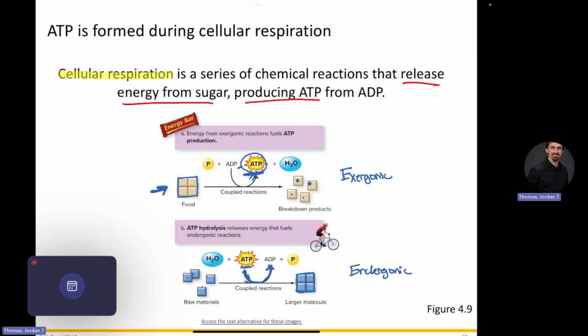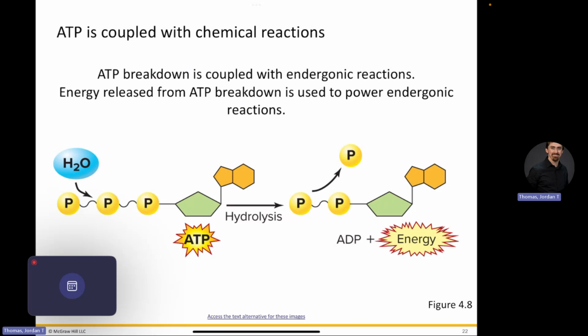So I'm trying to connect all these dots together for you. In the next slide, we're going to look at what's called ATP coupled reactions. We talked about how ATP is hydrolyzed, it's broken down, and by doing that, it releases a lot of energy.